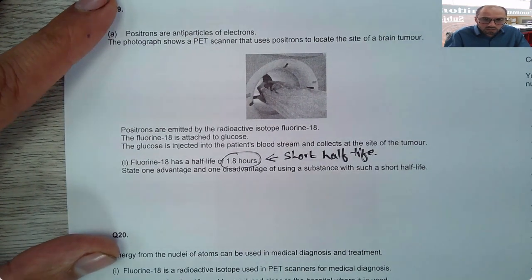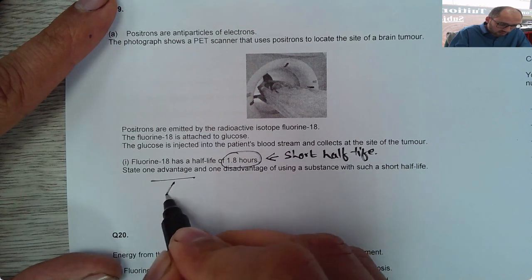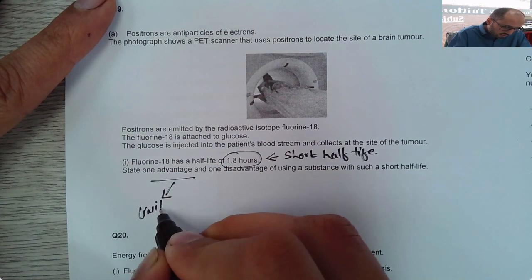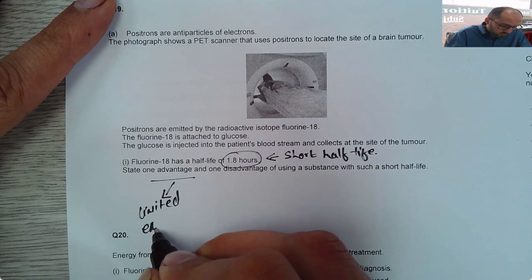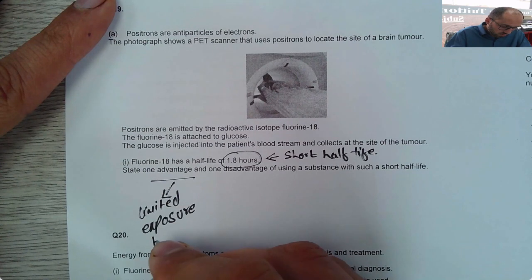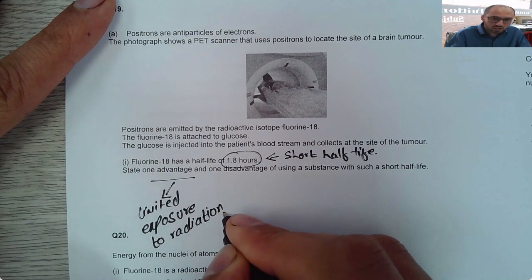Question says state one advantage and one disadvantage of using a substance with such a short half-life. So the advantage would be limited exposure to radiation. Now this is with respect to the patient, right?